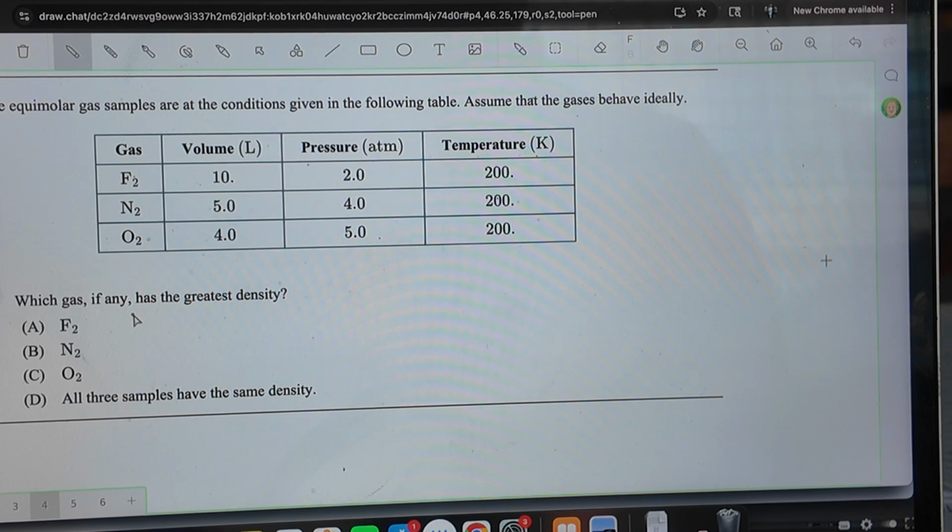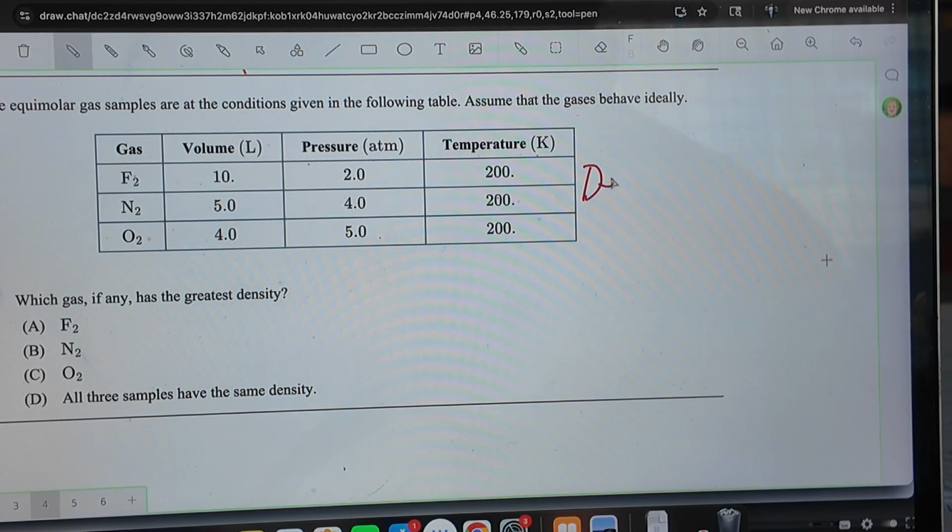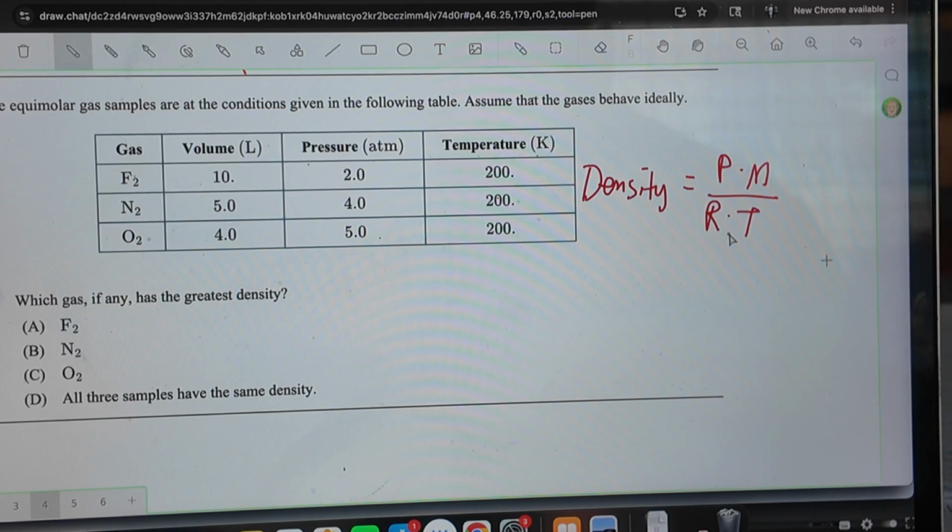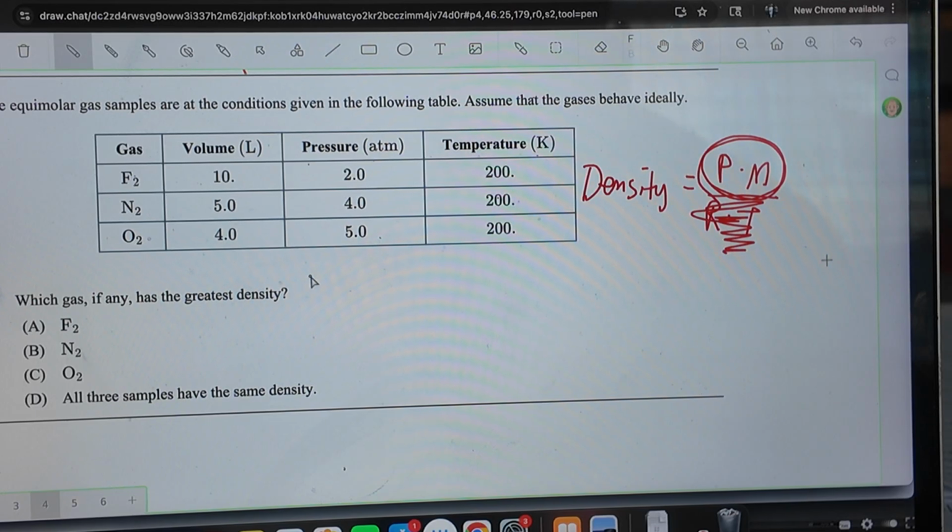Okay, so here we have density. How do you calculate density? It is pressure times molar mass over R times T. For all three, they have the same temperature and the same constant, so you can ignore these, right? Because it's the same. Really, the pressure and the molar mass will tell you the density, right?